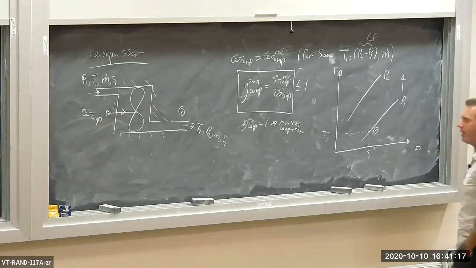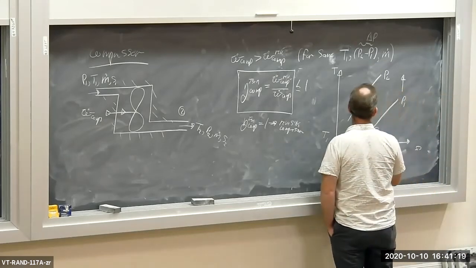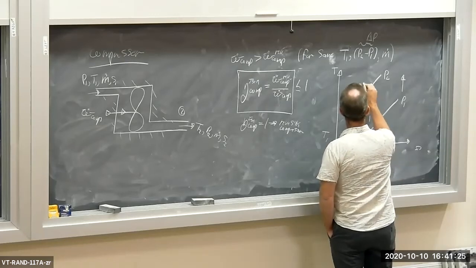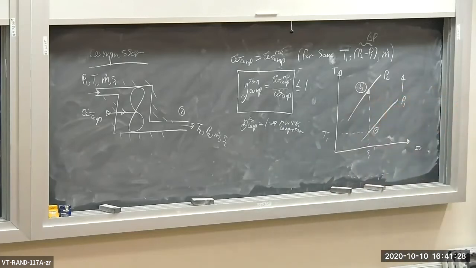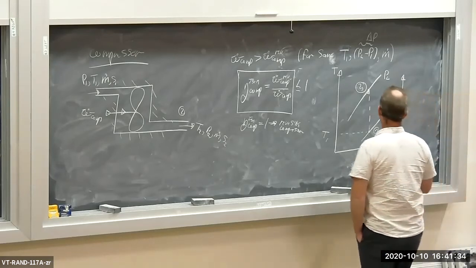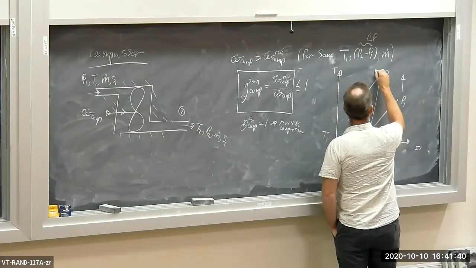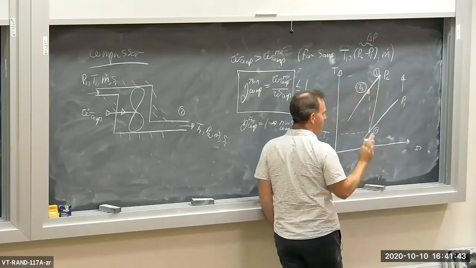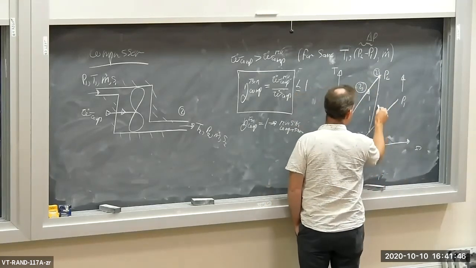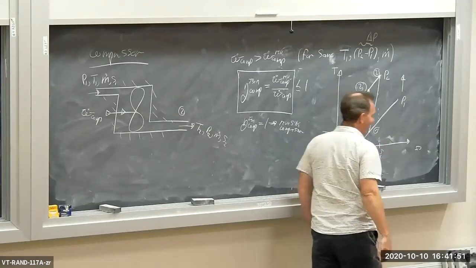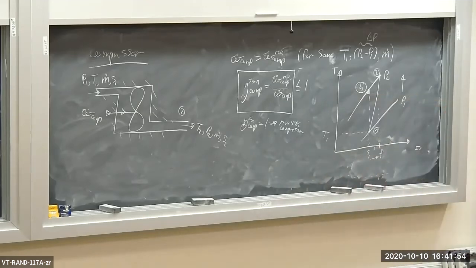The isentropic, i.e. least work consuming device, goes from 1 to 2s. That's the isentropic or reversible path. And the real device goes from 1 to 2. State 2 has a greater specific entropy than 1. So S2 is greater than S1 for the irreversible actual compressor.